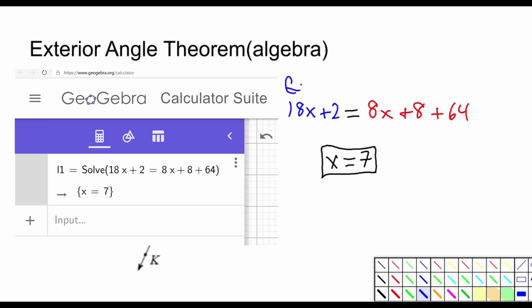This blue angle is the exterior angle, and it has to equal the sum of both interior angles, interior angle 1 plus interior angle 2. Here's one of them and here's the other. That's it. So simple. I just use GeoGebra to solve this real quick, so x equals 7. All right, hope you enjoy this.